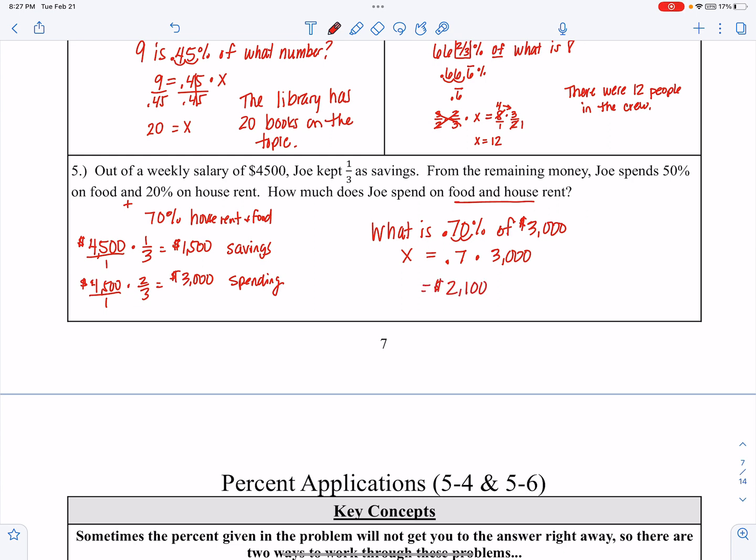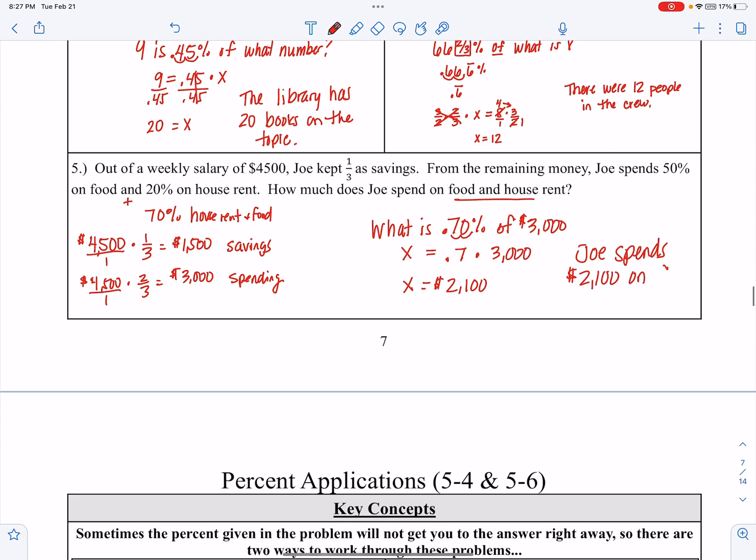Make sure you label it with your money, equals X. So 2,100 is 70% of $3,000. So how much does Joe spend on food and house rent? Joe spends $2,100 on food and house rent. Okay, and there you go.